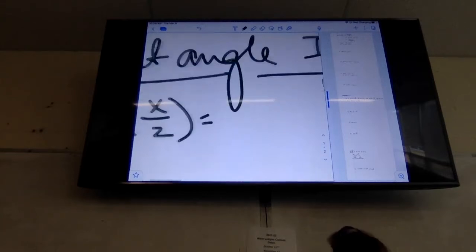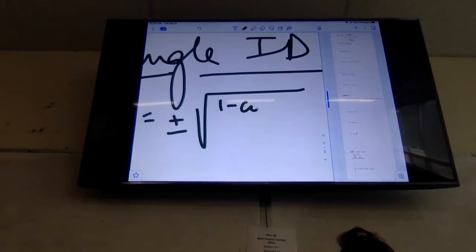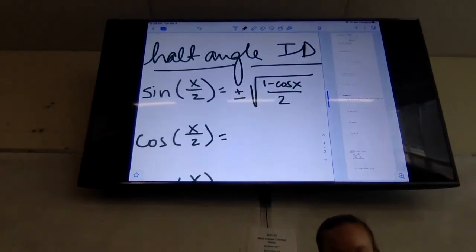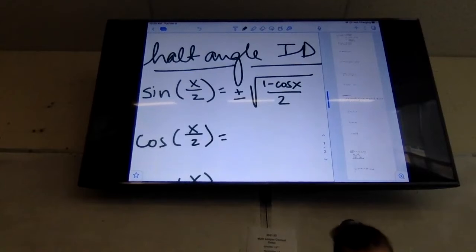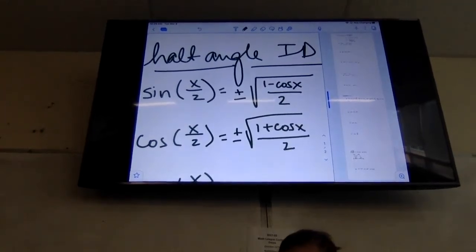Okay, sine of x over 2 is going to be plus or minus a big square root of 1 minus cosine x over 2. All of that's under the radical. Cosine is very similar, almost the exact same, but instead of 1 minus cosine x, it's going to be 1 plus cosine x, all over root 2.